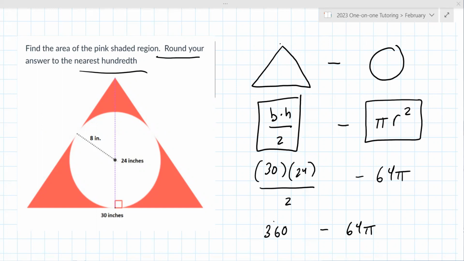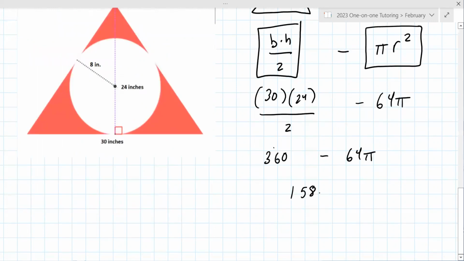Let me do this. 360, and then I just subtract that. I'd be left with 158.94. Yes. Now let's get the units right. 158.94. What are the units of area? Square inches. Perfect. Nice.